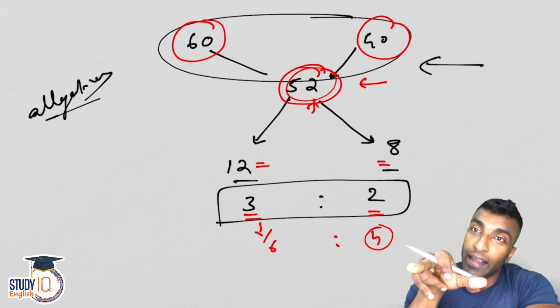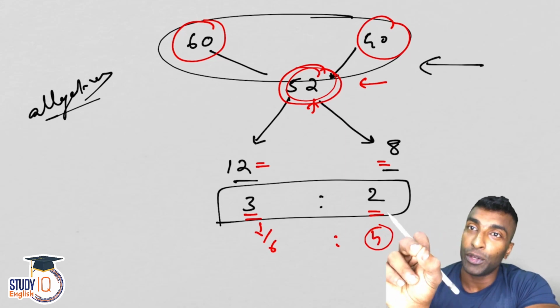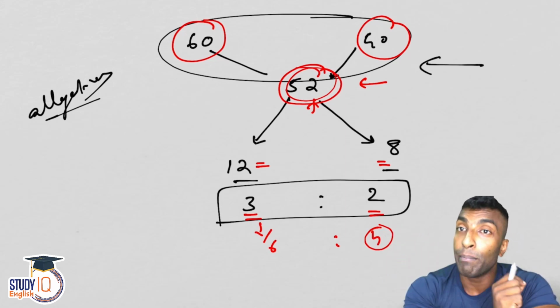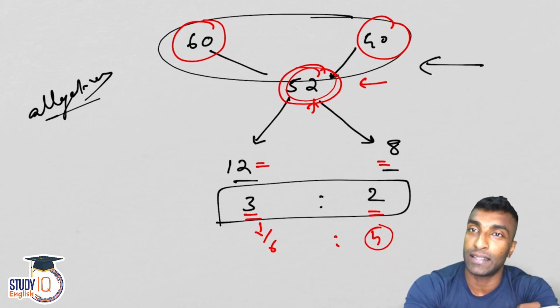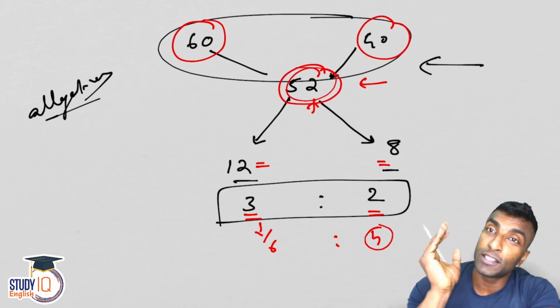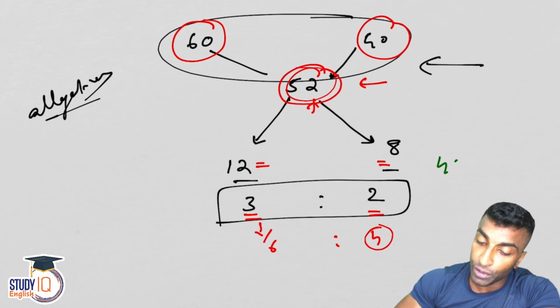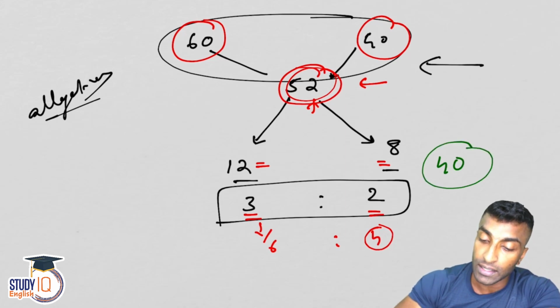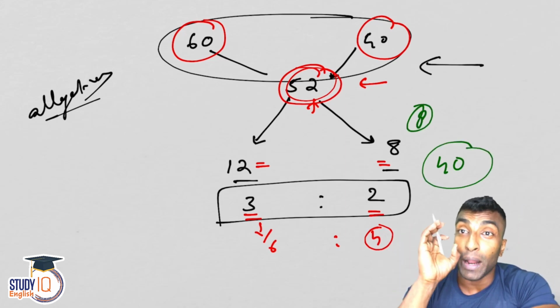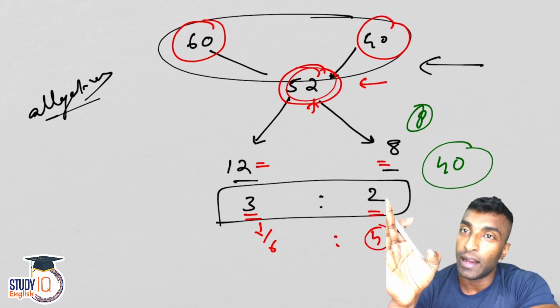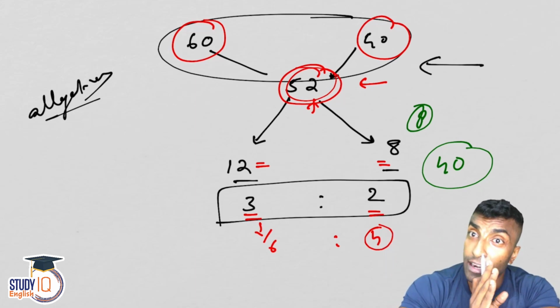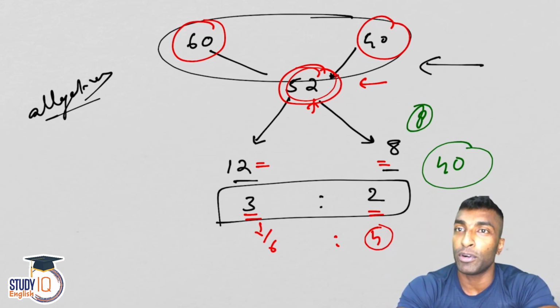But in this question, what if I tell you the number of girls is 40 and ask you how many boys there are? I'm giving you the number of girls as 40, and I'm asking you the number of boys. In this situation, will you be able to get the number of boys?